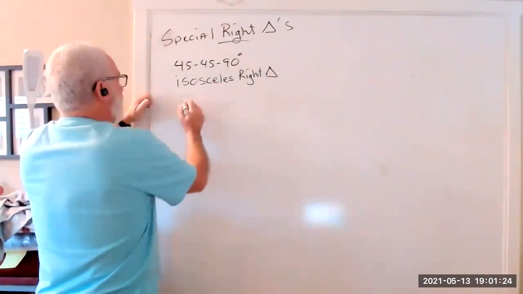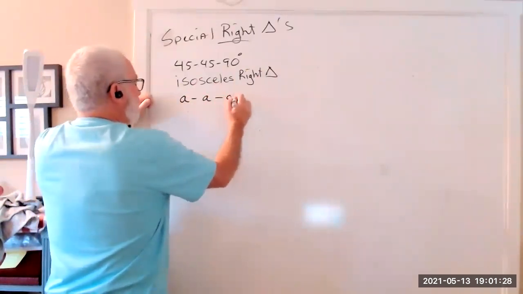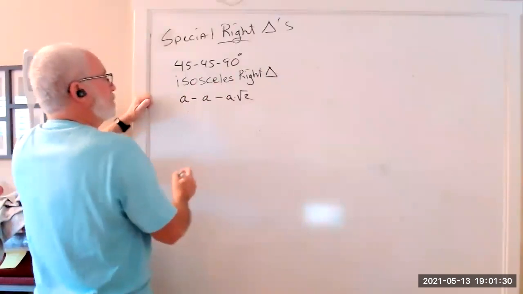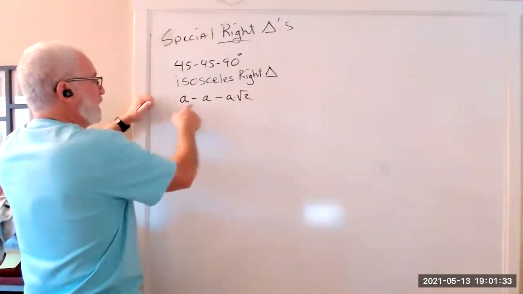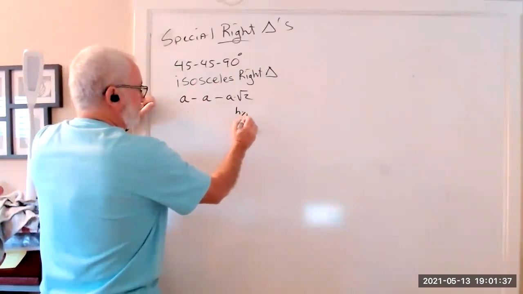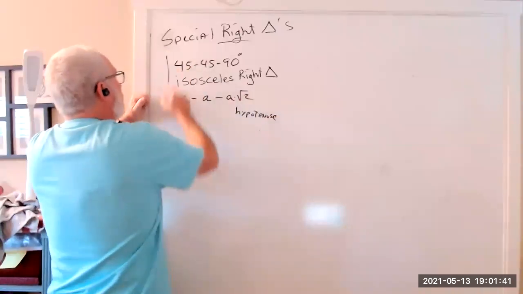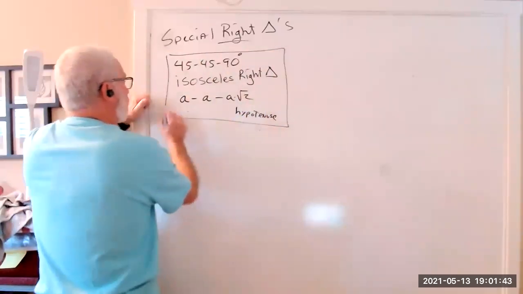And it fits the pattern of A, A, times the radical 2. That's a leg, that's the hypotenuse. All right, so that's special triangle number 1.